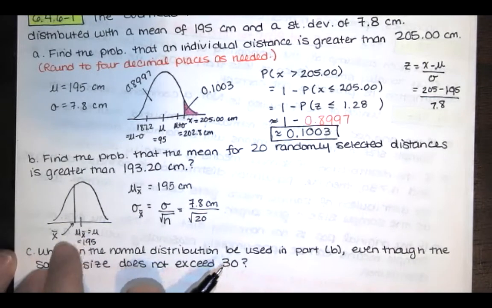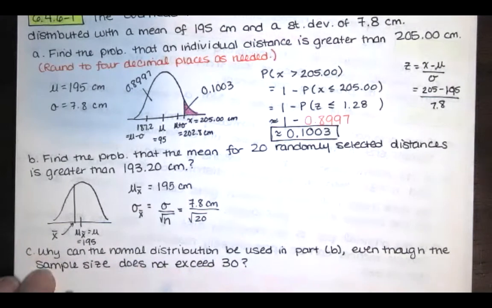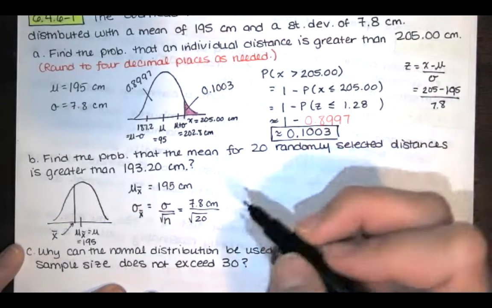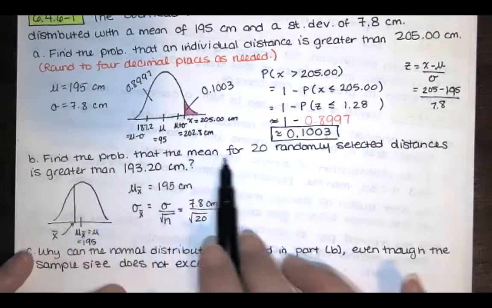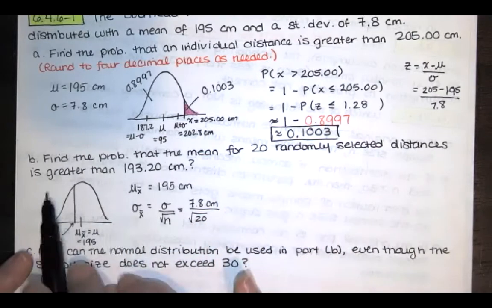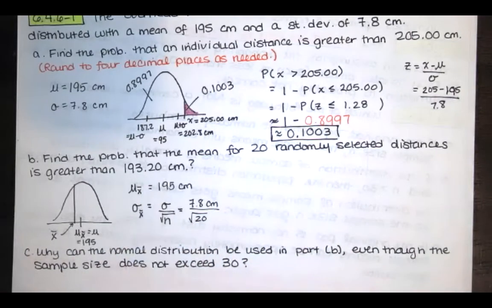So I would expect this to be associated with a z-score that is negative. Let's see what else it says. Find the probability that the mean for 20 randomly selected distances is greater than this value.